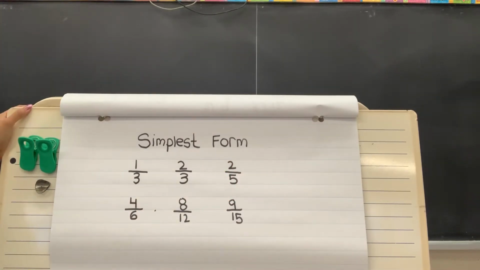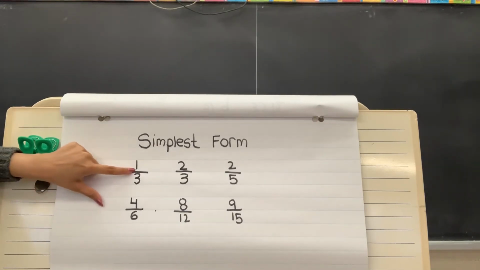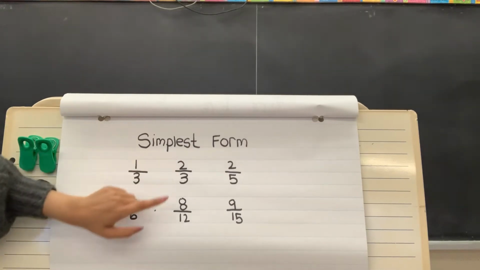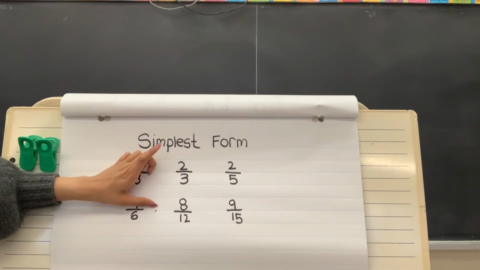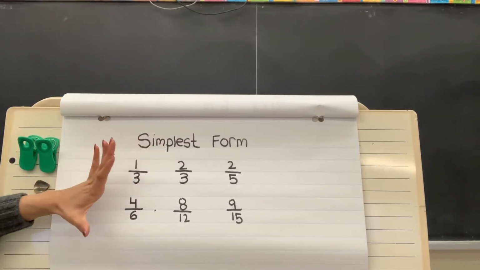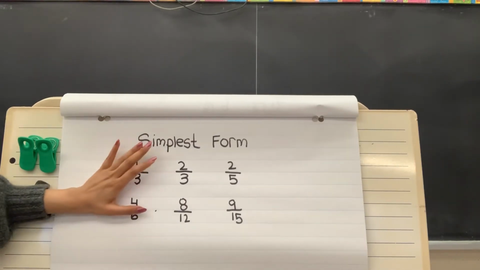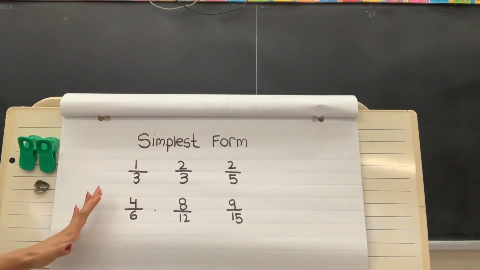Okay, so each time we go from one fraction to an equivalent fraction with a smaller denominator, with a smaller numerator, we simplify the fraction.